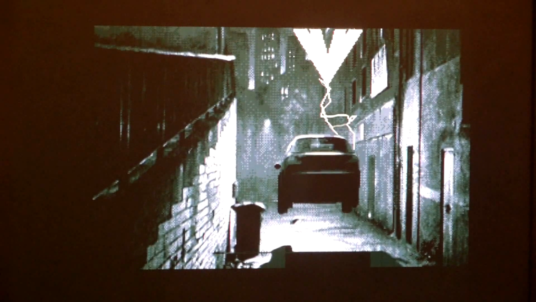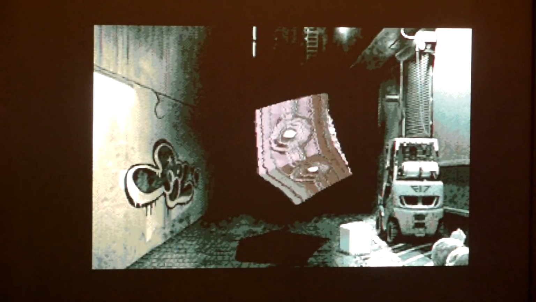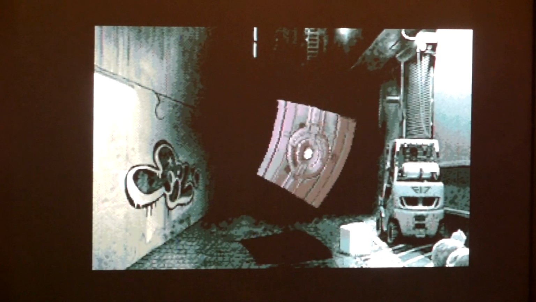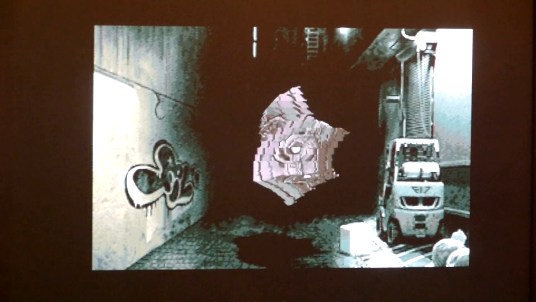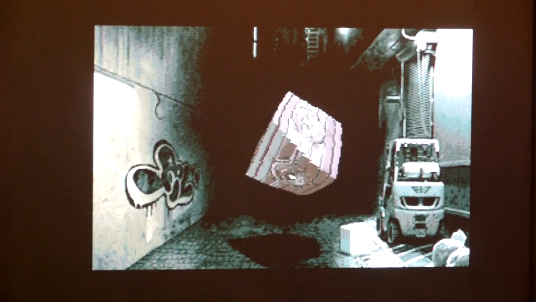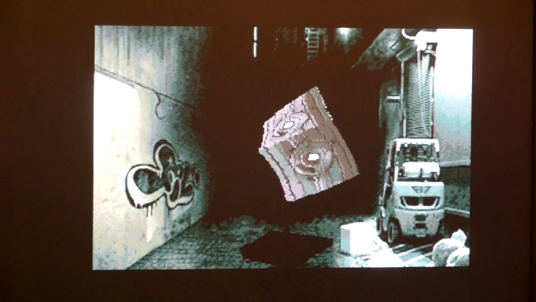It's like the intro to that game. Another World. Another World. Yeah, the lightning. Muted colors too. It's very influenced by that.